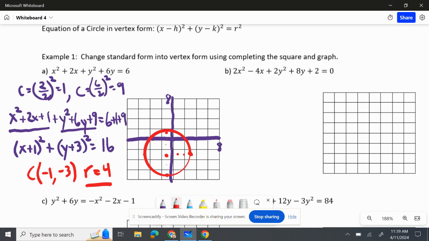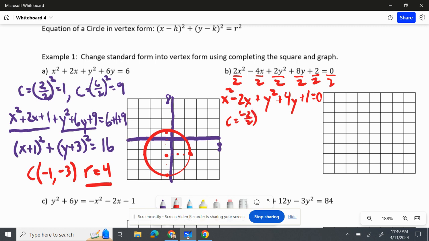Now, for the second one, what we notice is the 2 in front of the x squared and the y squared, so we're going to divide everything by 2. And what we get is x squared minus 2x plus y squared plus 4y plus 1 equals 0. I'm going to find my new c value, so I'm going to take the -2, divide it by 2, and square it.